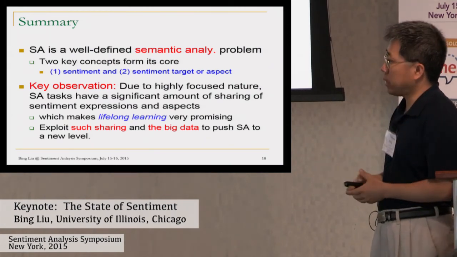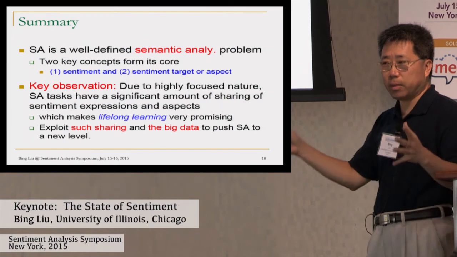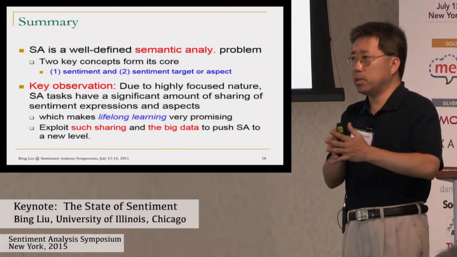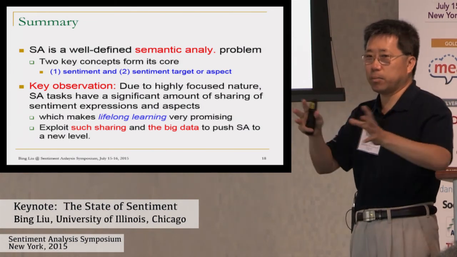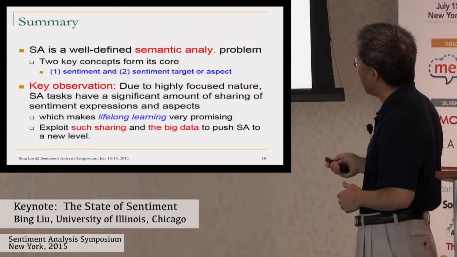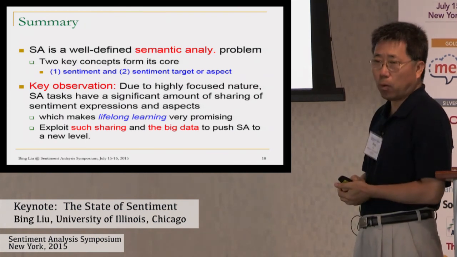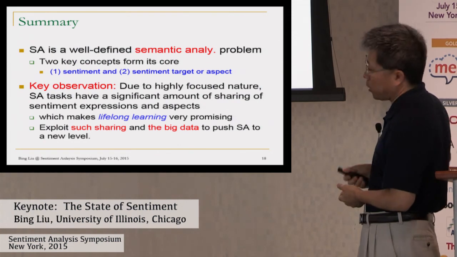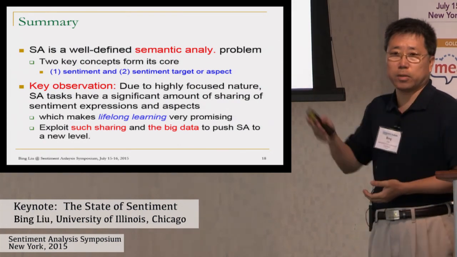It's based on the key observation that the sentiment analysis field is really nice. You can see every domain has something shared, which makes it really, really interesting. So lifelong learning is quite promising, and let's see whether we can make this go to the next level.